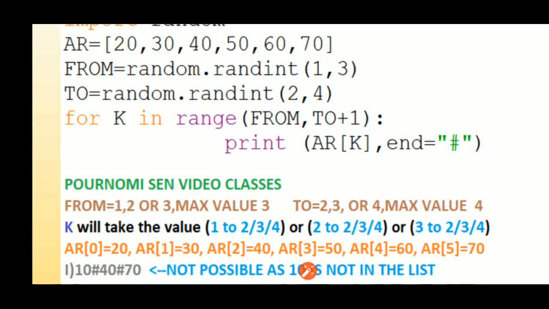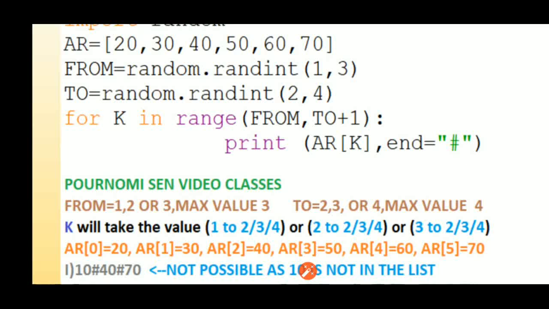For K in range(From, To plus 1). So if From is 1, the range of K will be 1 to 2, 1 to 3 or 1 to 4. If the value of From is 1 and the value of To is either 2 or 3 or 4. The second case, K will take the values 2 to 2, 2 to 3, 2 to 4. What does it mean?